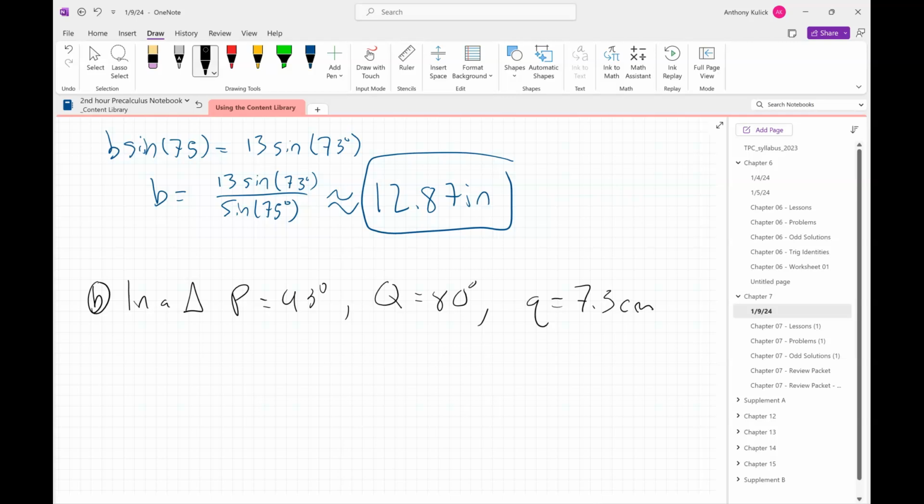Angle P is 43, angle Q is 80, and side Q is 7.3. First step is to draw and label our picture.